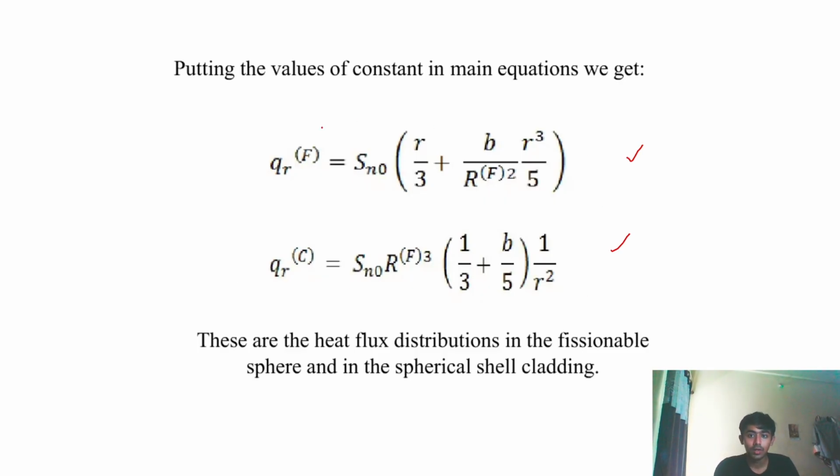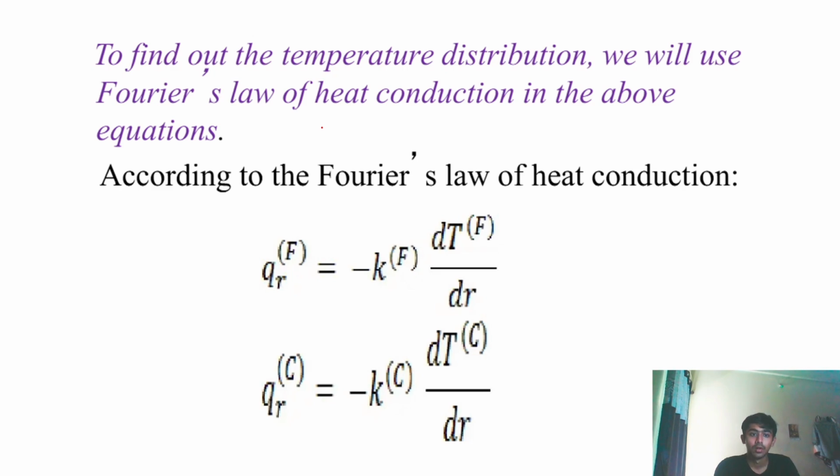Now what we need to find is the temperature profile. How can we find the temperature profile? As discussed in class, about Fourier's law of heat conduction, my mistake, Fourier's law. With that Fourier's law, what we discussed is that Qr, the flux, equals thermal conductivity K times the temperature gradient with respect to r.